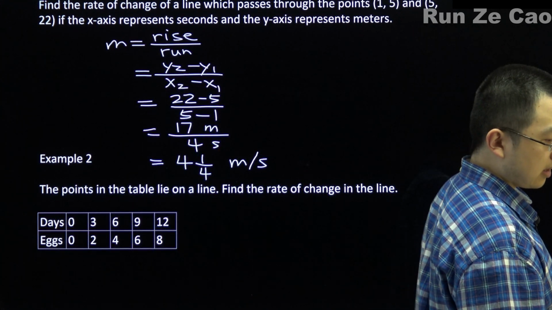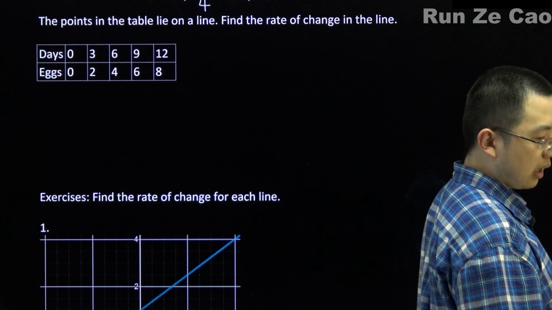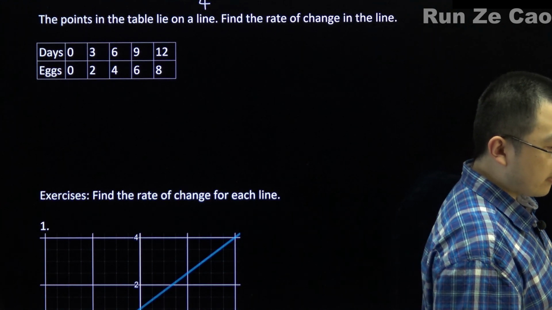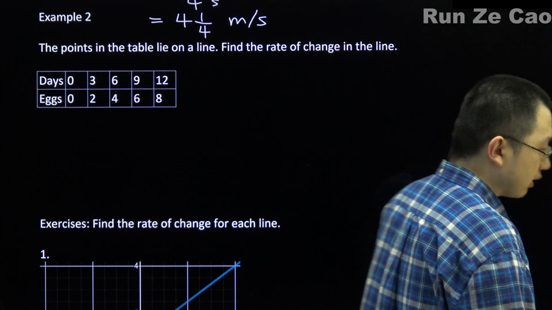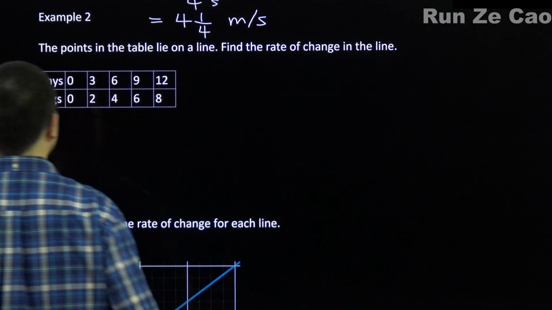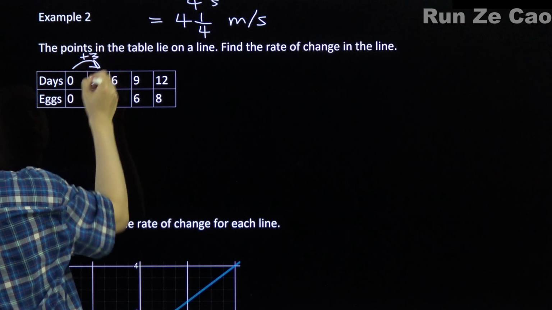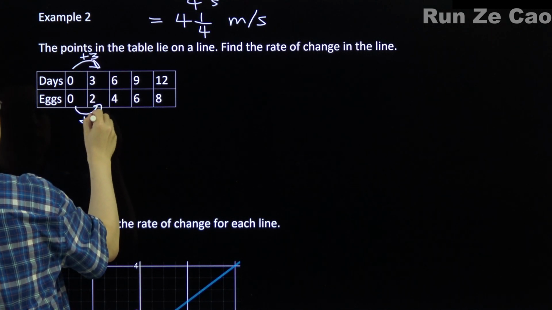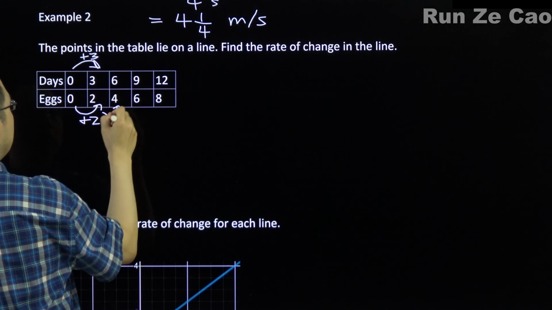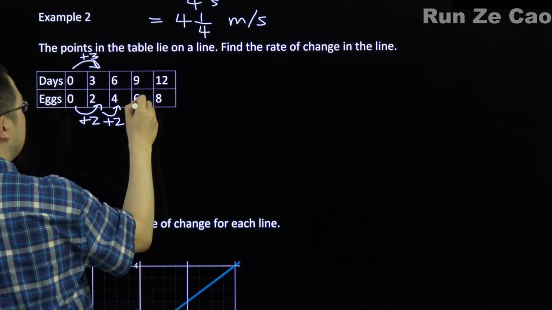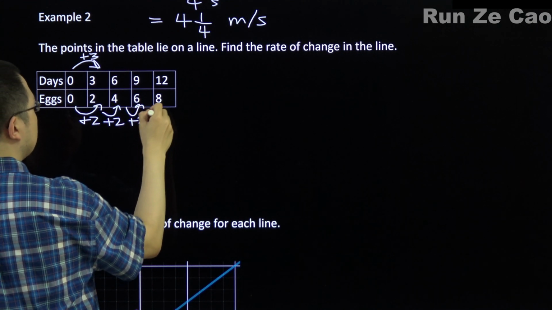Okay, now let's say we have these points in a table that lie on a line. Find the rate of change in the line. Now that's plus 3, plus 2, plus 2, plus 2, and plus 2.